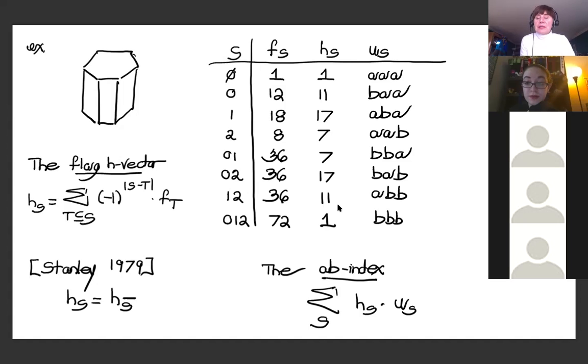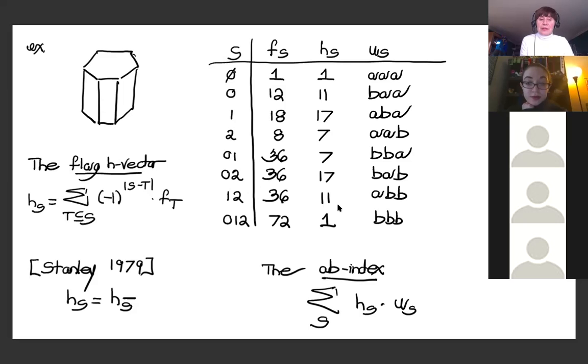And what this is, it's a certain alternating sum of the flag F vector entries. And so, for example, well, why don't I just leave it at that? So this is a way to compute this. And as you can see, a surprising thing happens with this definition: you get a symmetric sequence, 1, 11, 17, 7, 7, 17, 11, 1.